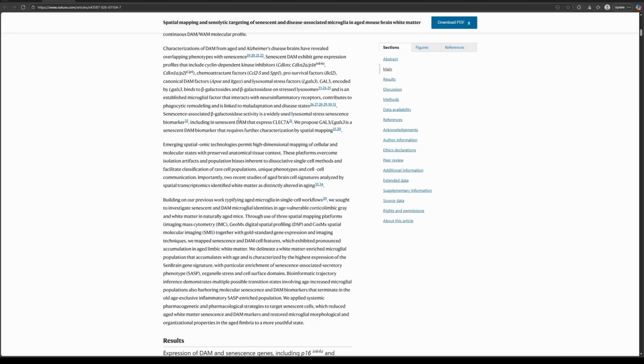Senescence-associated beta-galactosidase activity is a widely used lysosomal stress senescence biomarker, including in senescent DAM that expresses blah blah blah. We propose GAL3 is a senescent DAM biomarker that requires further characterization by spatial mapping.